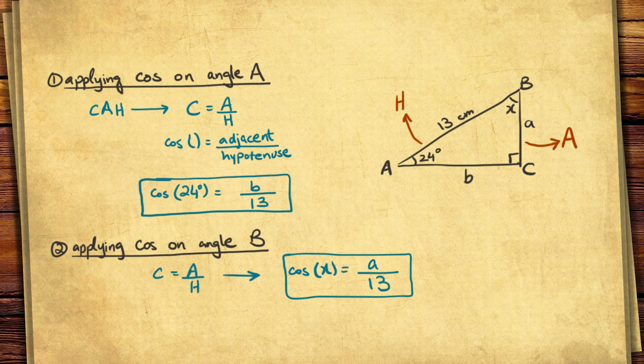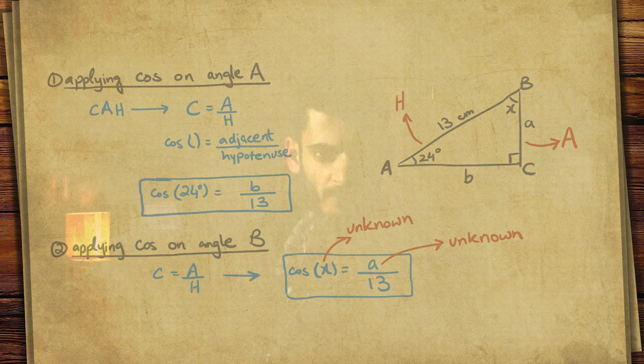Now we will not be able to solve this equation because it has two unknown values, x and a. And this will help you decide which ratio to use in a given triangle, sine, cos or tan. If an equation contains two variables, two unknown values, you will not use it. You will only be solving equations that contain one variable or one unknown value.